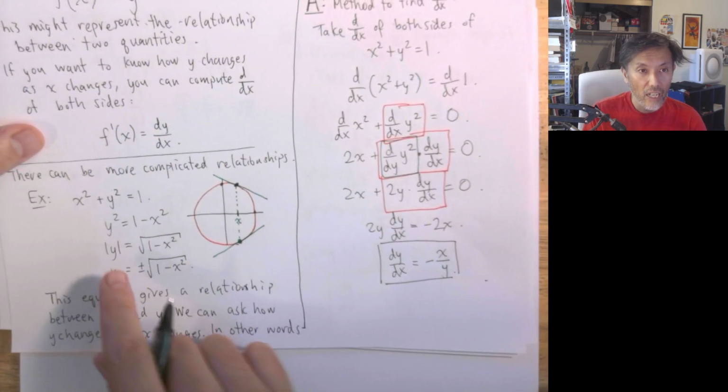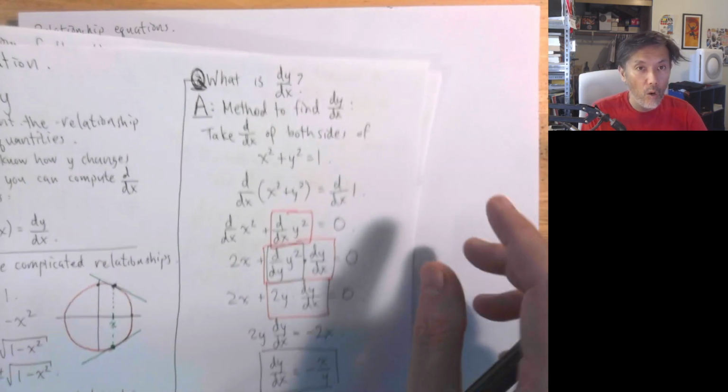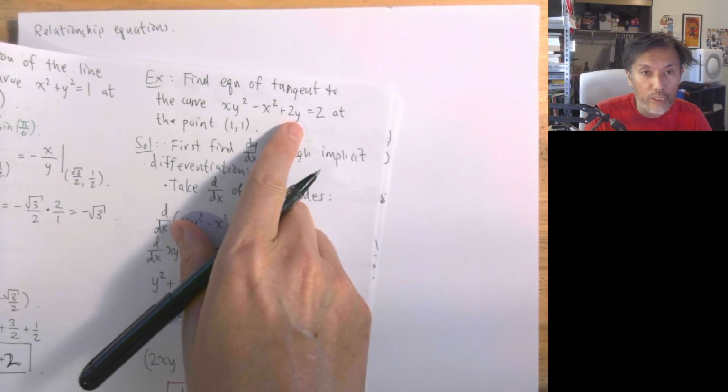And this is just any sort of relationship that you can write down between two quantities, not unlike what we were just doing. There, in implicit differentiation, we were talking about relationships that were more complicated than just y equals f of x. Things like x squared plus y squared equals 1, or xy squared minus x squared plus 2y equals 2.